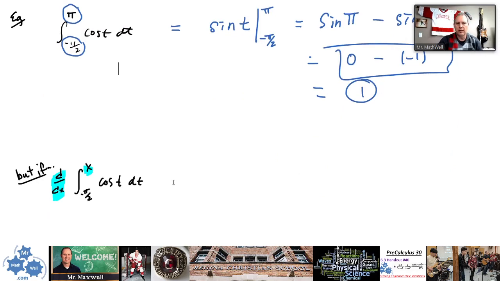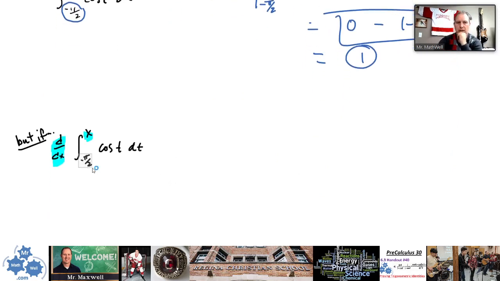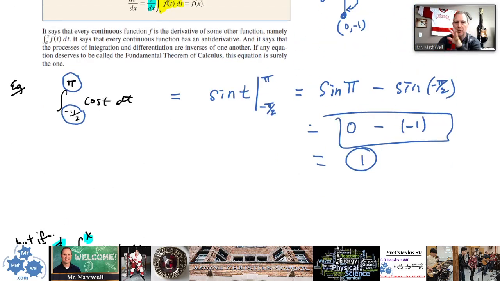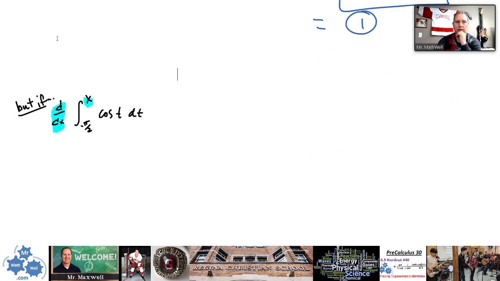All right. Now here's the situation where we have an x. We have a constant down here, and we have an x. Again, I'm going to get to the derivative in a second, but let's focus on the integral first. This would look like sine of t evaluated from negative pi over 2 to x.